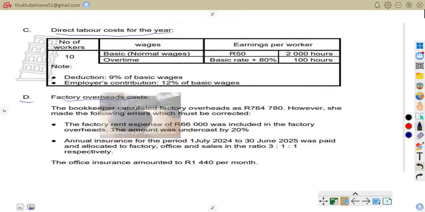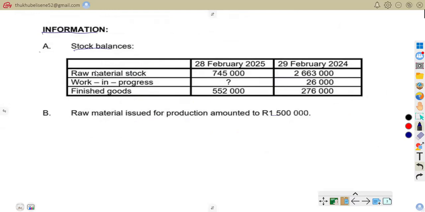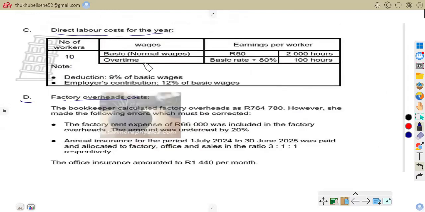Now let us go to the first question that we are to answer. The first question is to calculate direct labor cost, and we are told to refer to information C. So let us go to information C. Here we are at our information C, where we are to calculate direct labor cost.